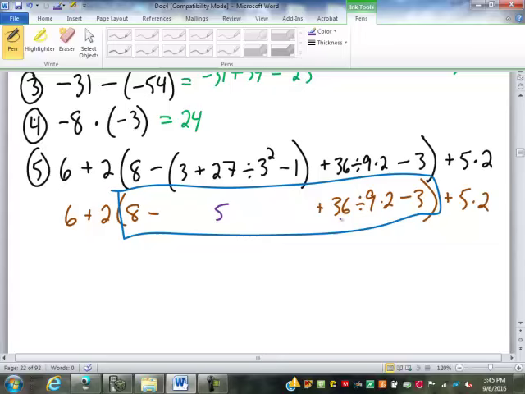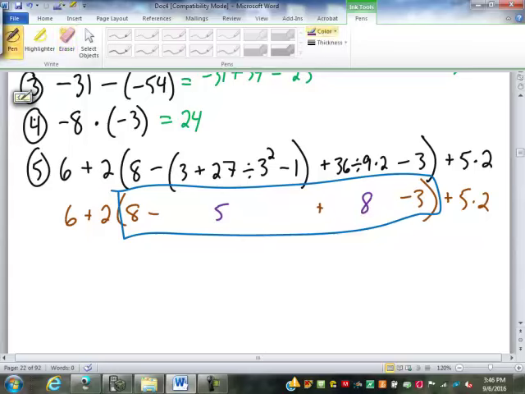Any exponents? Multiplication or division? We have both. We're going to do division first. Left to right. 36 divided by 9 is 4. So I'll take out my 36 divided by 9 and I'll put in a 4. And we still have 4 times 2, which is 8. So I take out the 4 times 2 and I put in an 8.